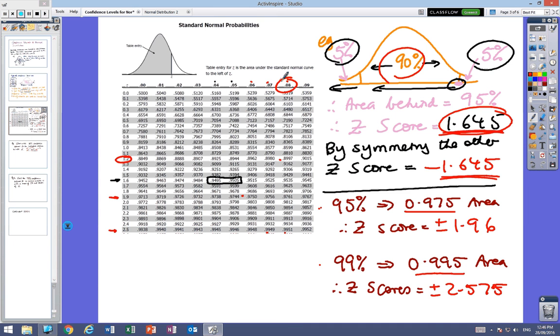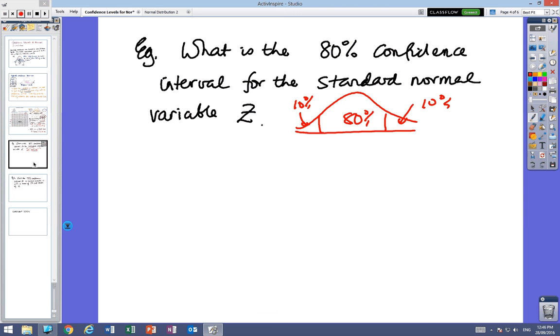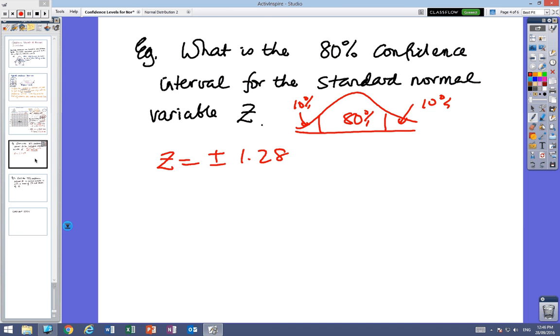So Z will be plus or minus 1.28. So what's the 80% confidence interval for the standard variable Z? The answer is Z equals plus or minus 1.28. Okay, so that's the first one. You can copy that down and come across when you're ready.